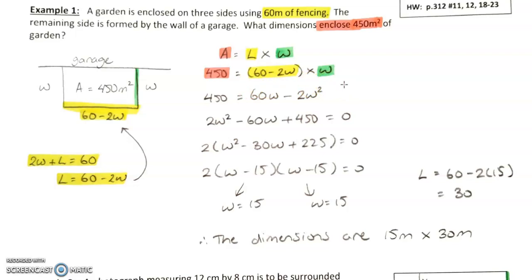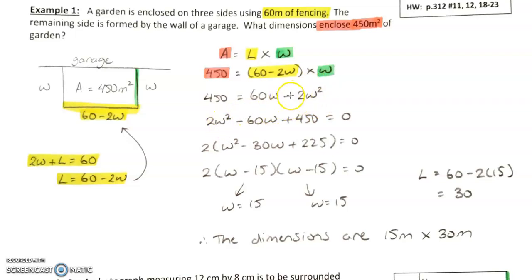You then want to manipulate it so that it's in a form that you can easily factor and solve, which means that you need an equals 0, and there shouldn't be any brackets. Everything should be opened up. So let's expand and simplify everything. W times 60, W times negative 2W is 60W minus 2W squared. Make sure that your W squared goes first and is usually a positive.